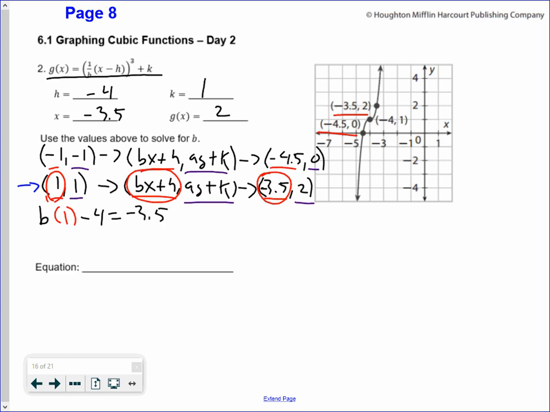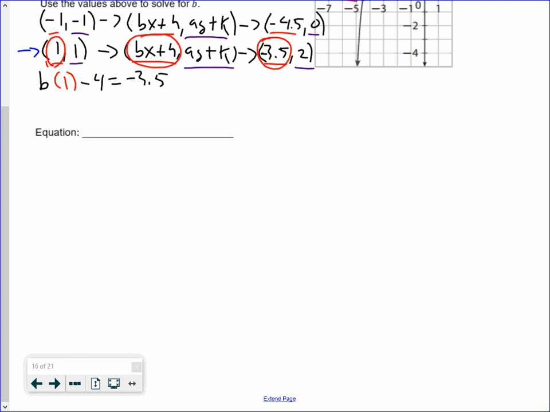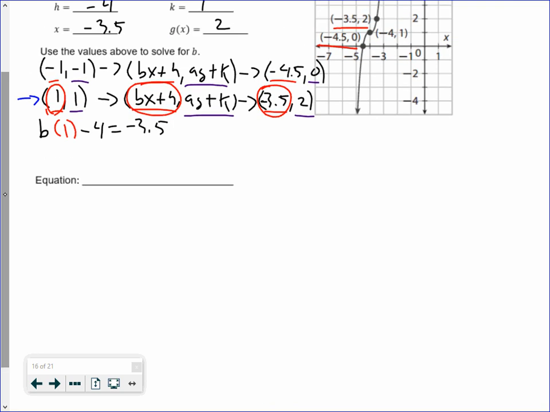I'm just going backwards from what we did in the previous video when we graphed transformed functions. I have my transformed point, and I'm using the transformation rule to get my b value. So what I'm going to do here is just solve for b now. I can add 4 to both sides to get that b times 1, which is just b, equals positive 1/2.